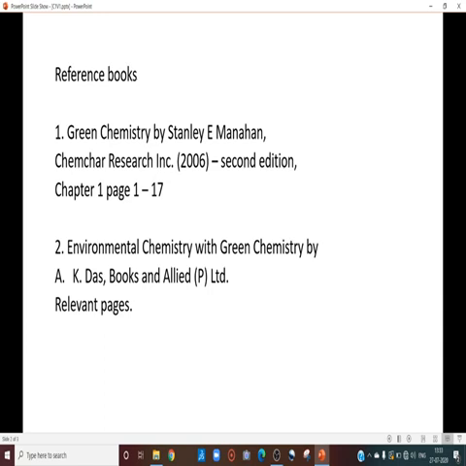Whereas you can have one more reference book, that is Environmental Chemistry with Green Chemistry by A.K. Das, and you have to read the relevant pages. You can easily find the relevant pages from this book, and I hope you will find it very easy to understand. No doubt, I am going to discuss all the concepts from this topic as per our syllabus.